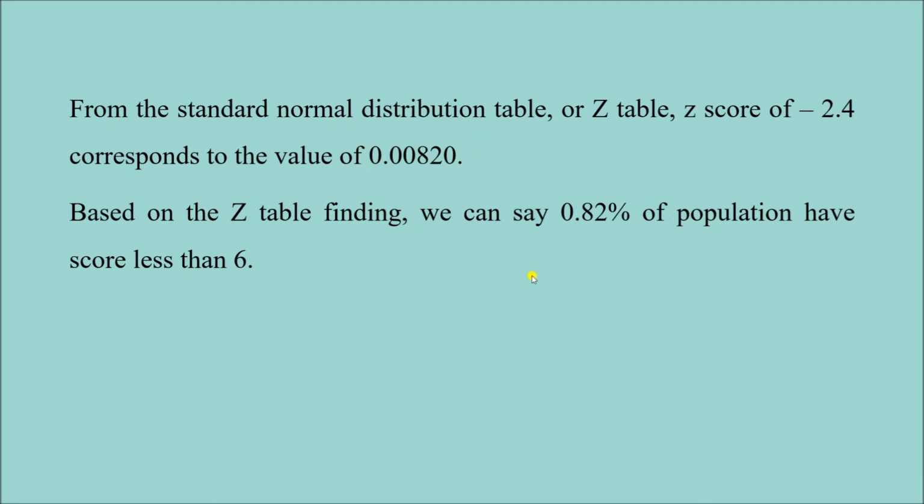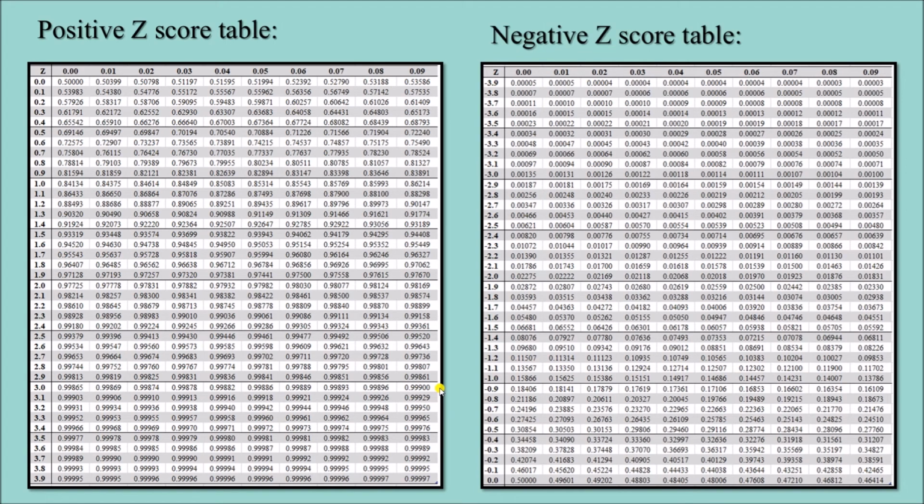For that we need to understand what is known as the standard normal distribution table or z table. It looks somewhat like this, and this looks very scary. A lot of numbers are given, but luckily we do not have to remember or memorize a single digit here. Now, as I mentioned earlier, we can have positive z-scores as well as negative z-scores, and because of that we have positive and negative z-score tables separately.